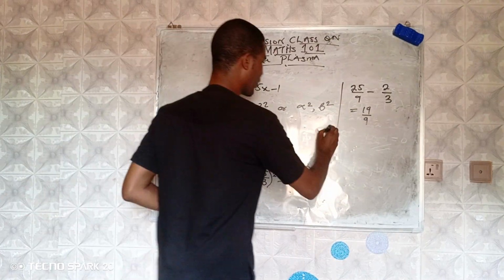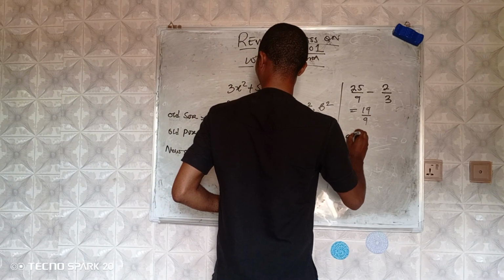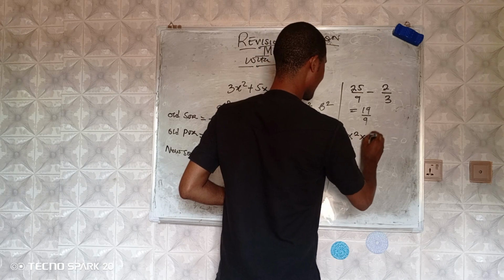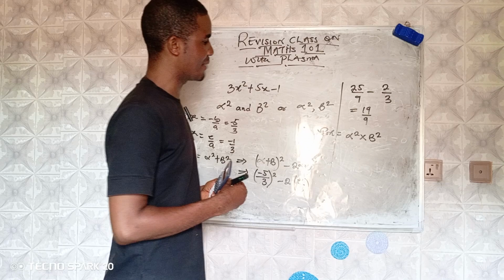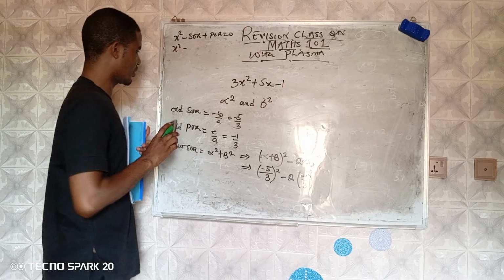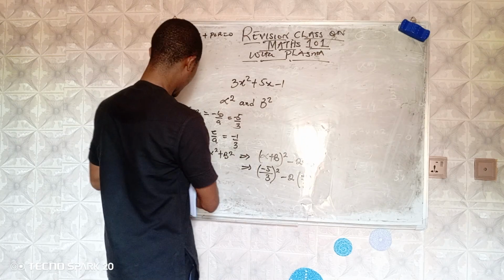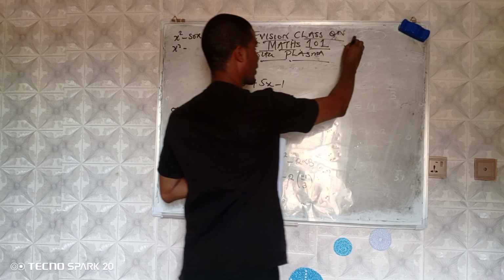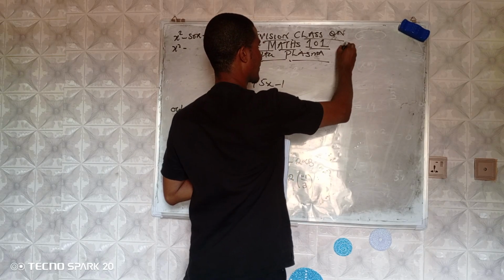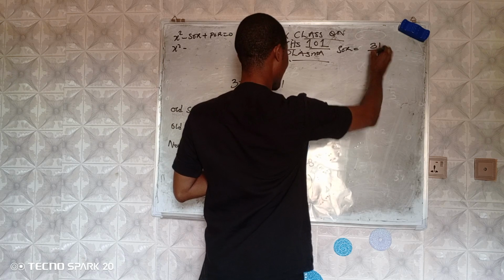I'll also find my POR, which is alpha squared times beta squared. Okay, so now that we have our new SOR, if you press this in the calculator, it will give you that our SOR equals 31 over 9.